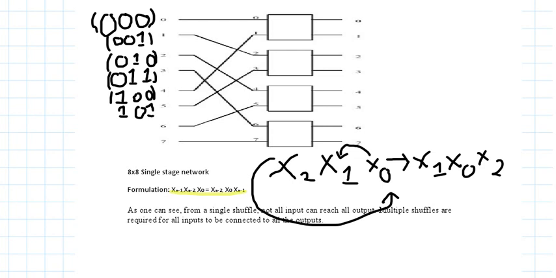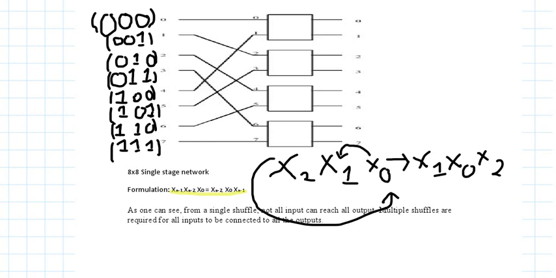The address for the seventh processor is 6, so its binary representation is 1, 1, 0. And the address of the eighth processor is 7, so its binary representation is 1, 1, 1.